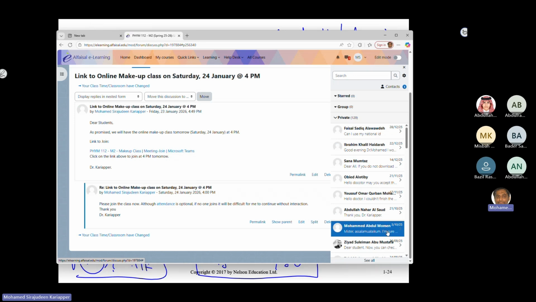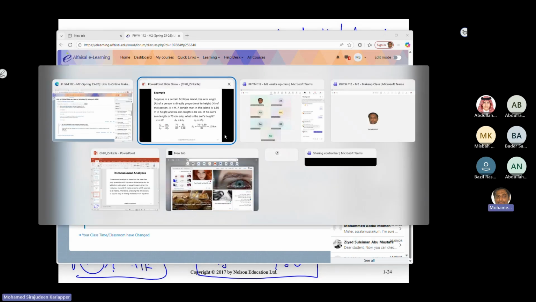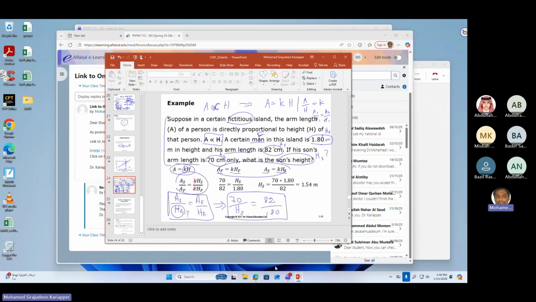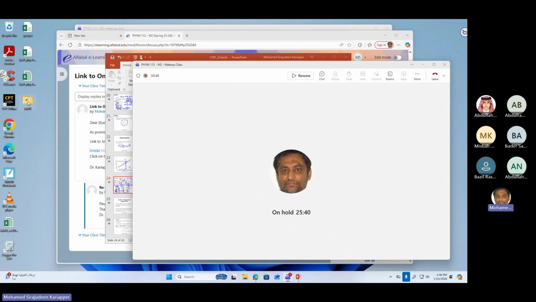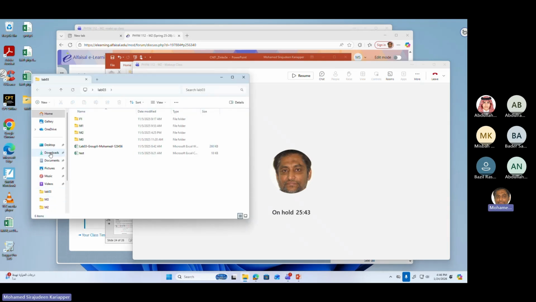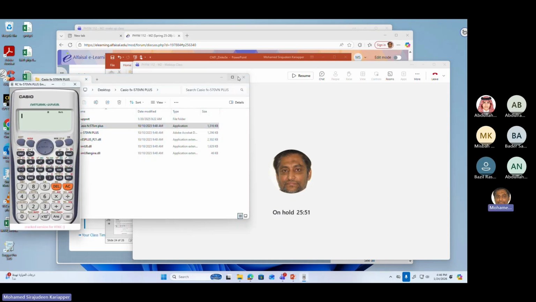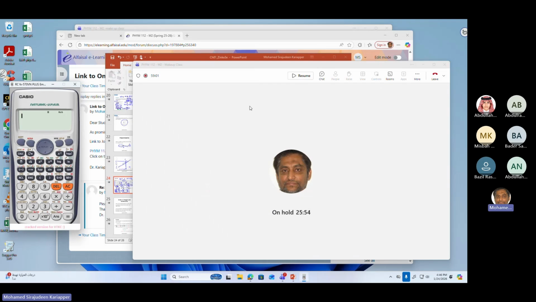I want to get to my calculator, which is on my desktop.